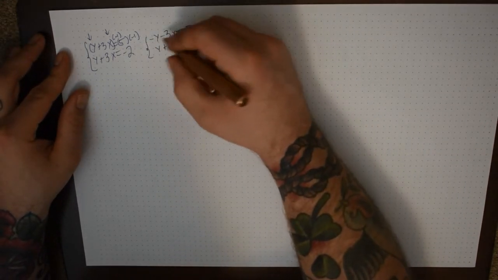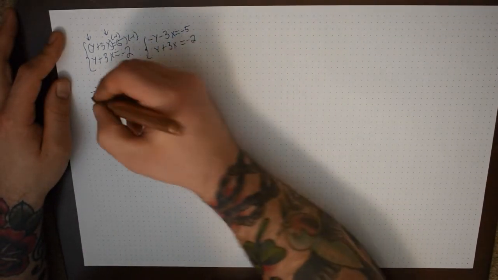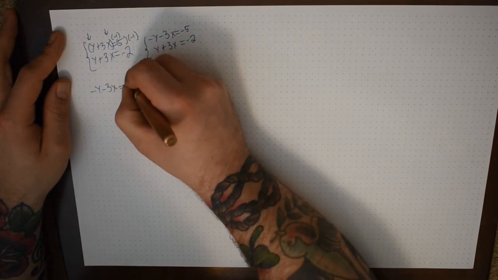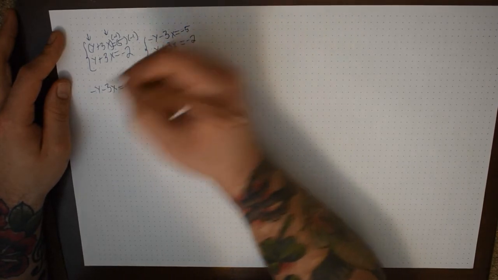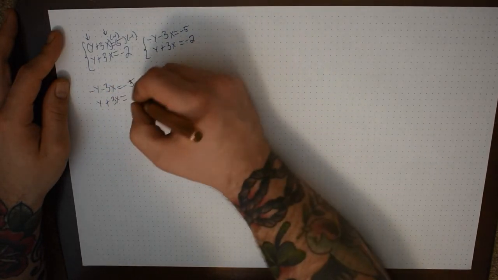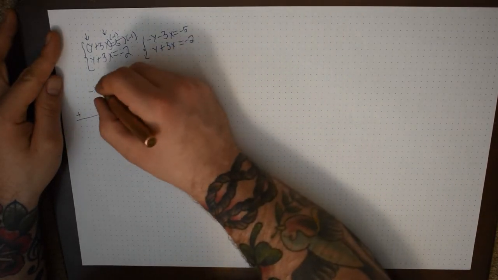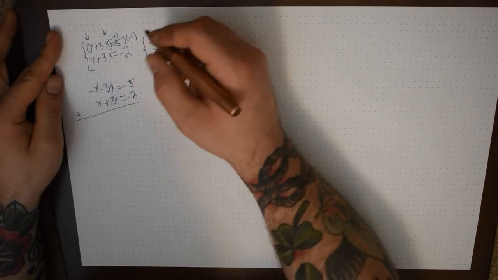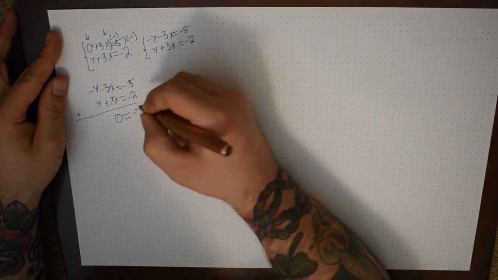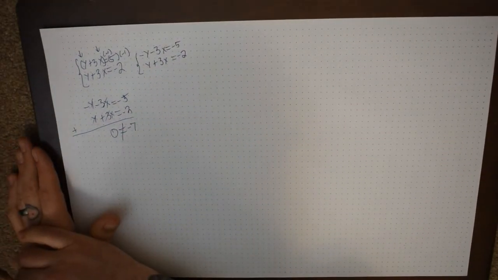We've got coefficients that are opposite in sign, so let's add them. Negative y minus 3x equals negative 5, and y plus 3x equals negative 2. When we add these, our y's cancel and our x's cancel, and we're left with 0 equals negative 7. 0 is definitely not equal to negative 7.